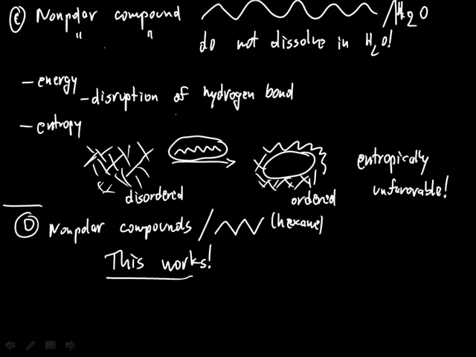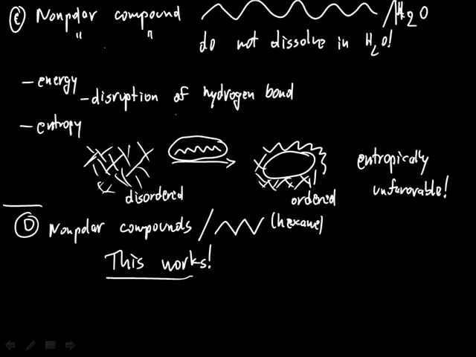In terms of energy, there are no hydrogen bonds to be disrupted. Molecules of hexane are only weakly associated with each other, and disrupting that weak association, or furthermore replacing it with the association between hexane and some nonpolar compound, is energetically pretty much neutral.